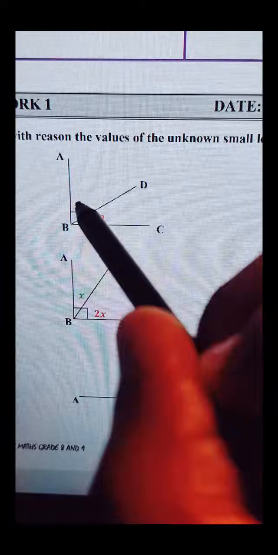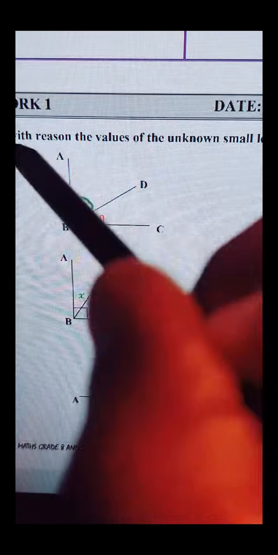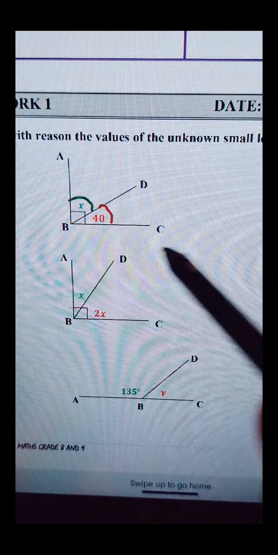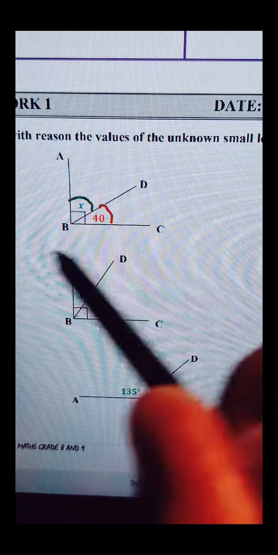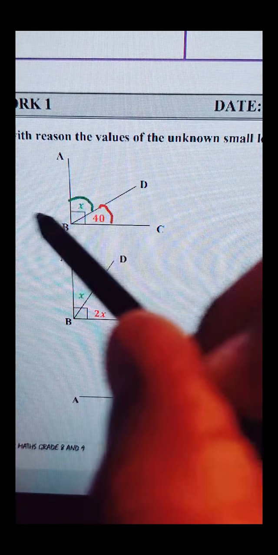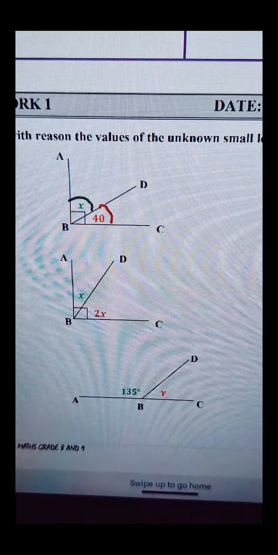The x value, which is in green, is from that common arm to the vertical line AB. Then there is this angle, from the arm BC to the arm AB. If you connect the two angles together, they add up to the box you see there, which is 90 degrees.